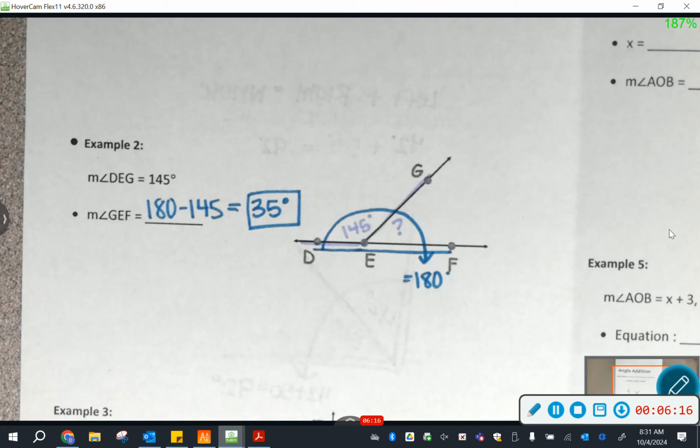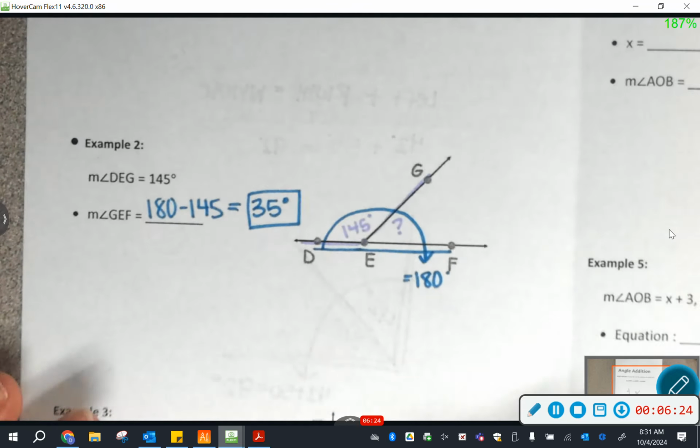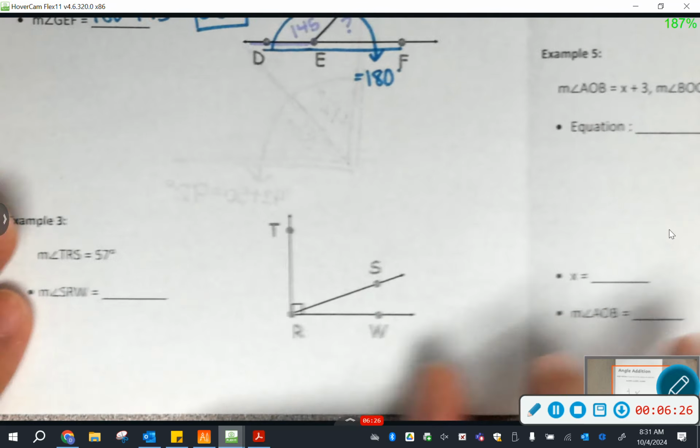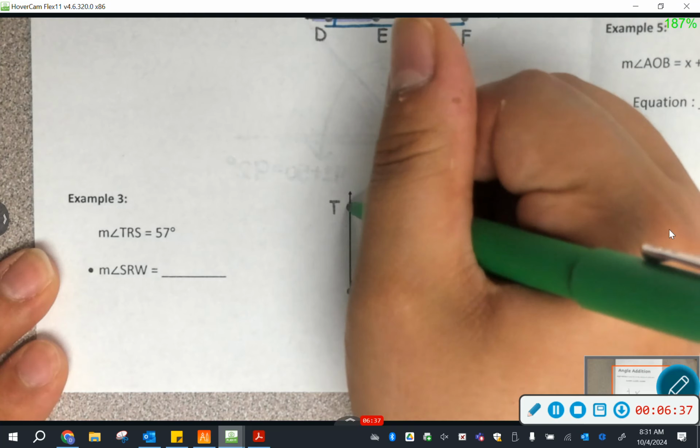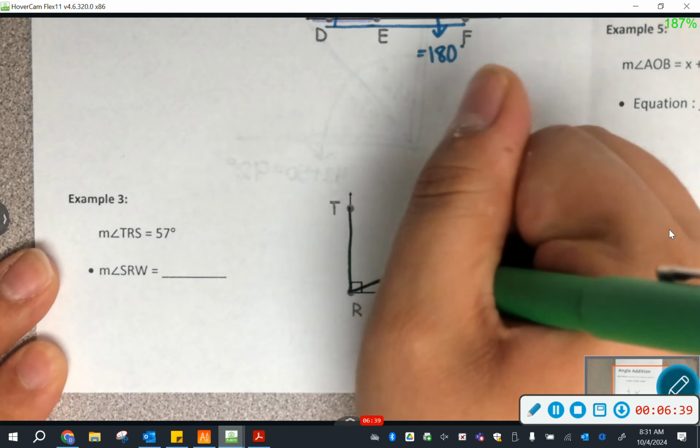You have 30 more seconds to answer example number 3.